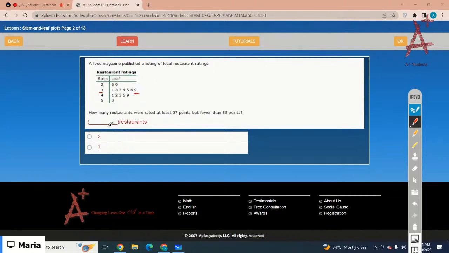Okay, so you have 39, then 41, 42, 43, 45, 49, and 50. Just count them: 1, 2, 3, 4, 5, 6, 7. That means there are 7 restaurants rated at least 37 and fewer than 55. Got it? Just count all the values between 37 and 55. So you have 7 values. So the correct option is 7.